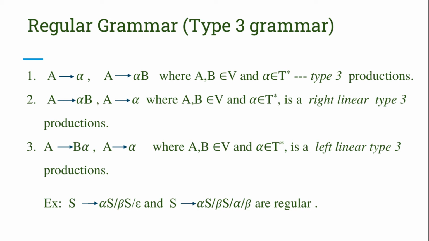Next example is S to alpha S or beta S or alpha or beta, where alpha and beta are terminal symbols and S is a variable, and it is of the form A to alpha A, comma A to alpha, which is a type 3 production. Hence, we could see that type 3 productions can only form a type 3 grammar.